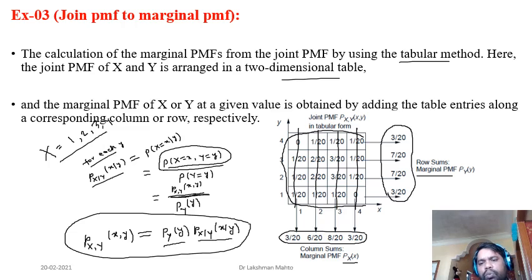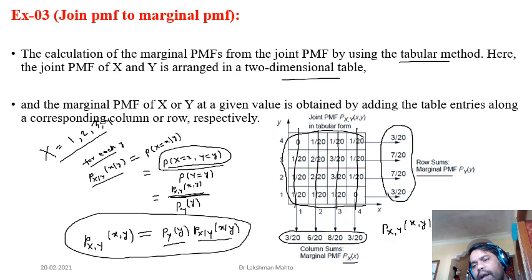Similarly, suppose someone is observing random variable x first. Then in that case, the definition of the joint PMF will take another form. That means the joint PMF of x and y, we can write this way, because we have already observed x first. So we know the marginal probability mass function of x.